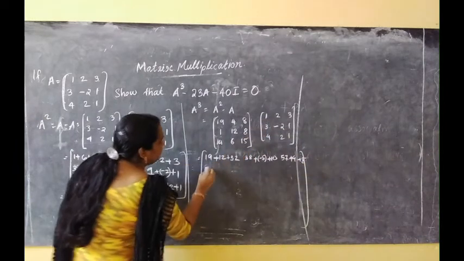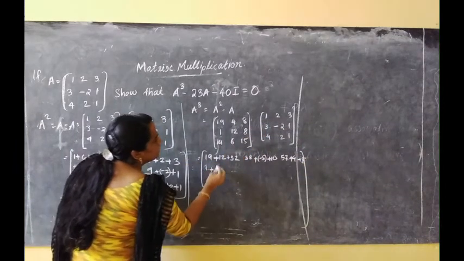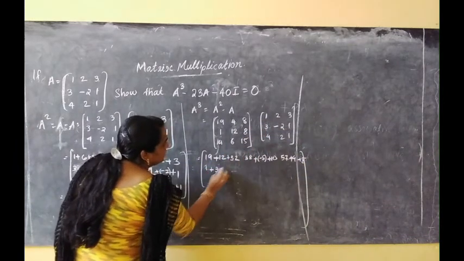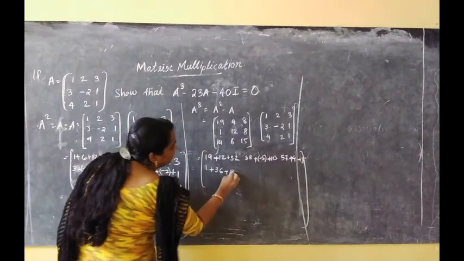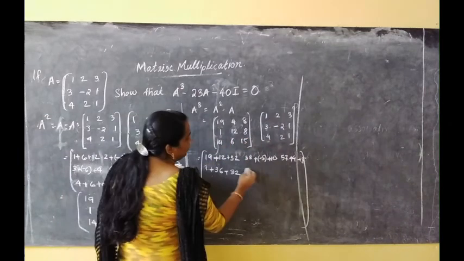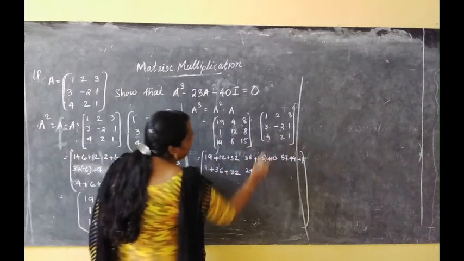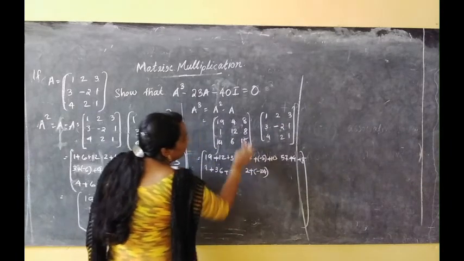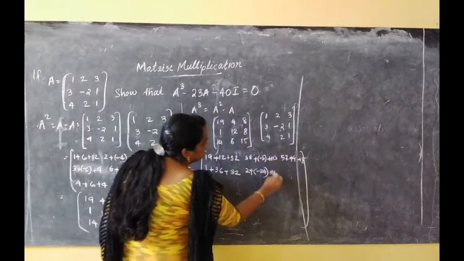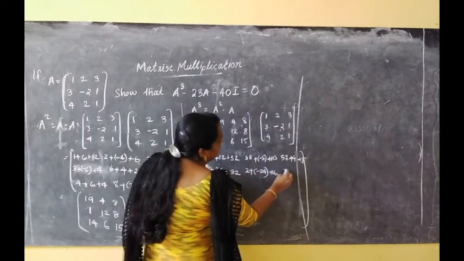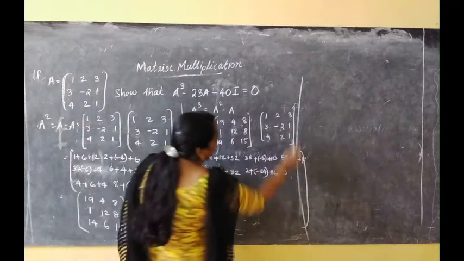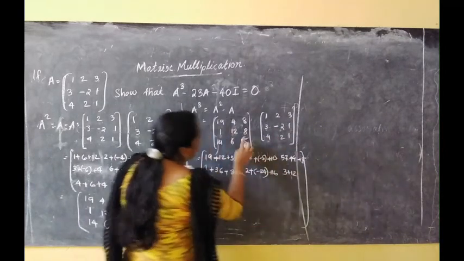And here it is 1, plus 12 into 3, 36, plus 8 into 4, 32. Then 1 into 2, 2, plus 12 into minus 2, minus 24. Then 8 into 2, 16. Next 1 into 3, 3, plus 12 into 1, 12, plus 8.